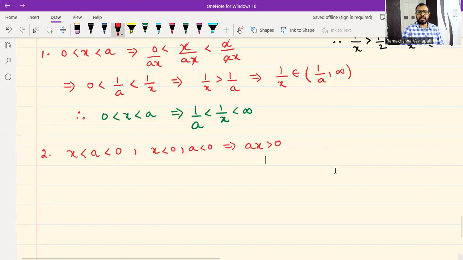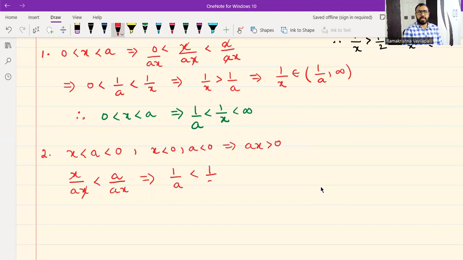Now divide the given inequality by ax. x by ax, because anyway we are dividing by a positive quantity, less than a by ax. This implies now x cancelled. So it is 1 by a less than 1 by x.